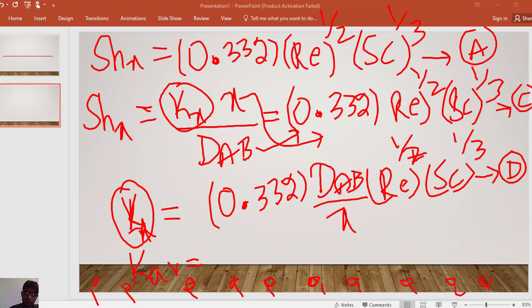These dots, these circles, are all local mass transfer coefficients. When we add them all, we get the average mass transfer coefficient KAV, which is equal to 1 divided by the total length, where x is equal to L.